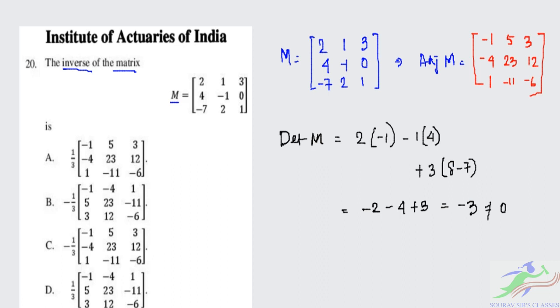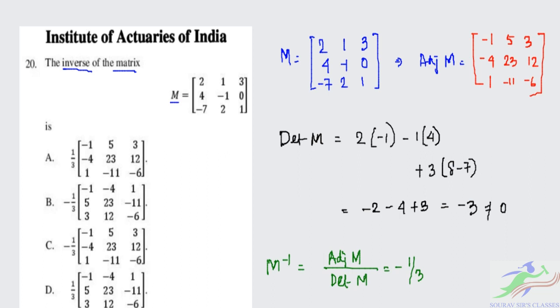Now what will be simply the M inverse? M inverse is the adjoint matrix of M divided by the determinant of M, which is minus 3.